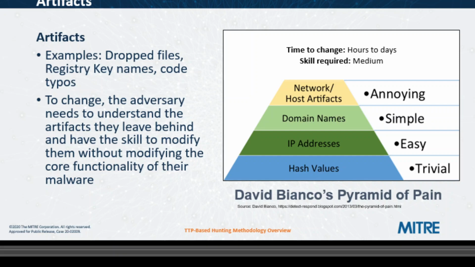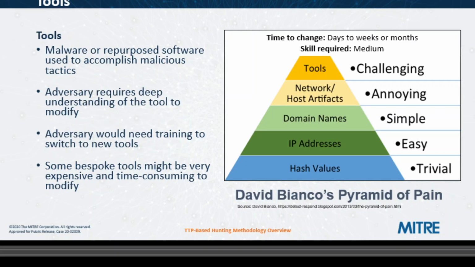To change these, the adversary needs to have a deeper understanding of what they're doing in order to make the modification that would change these artifacts without changing the fundamental capabilities of their malware. So this is a bit harder for the adversary to change, and therefore the asymmetry starts to shift a little bit more away from the adversary and toward the defender if you're looking for these artifacts.